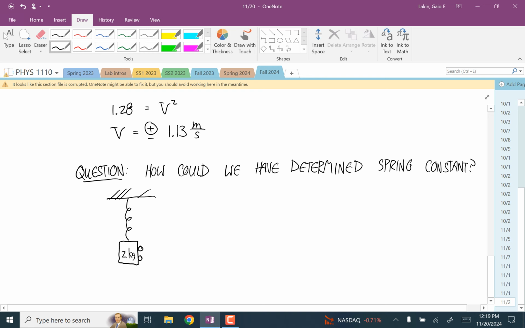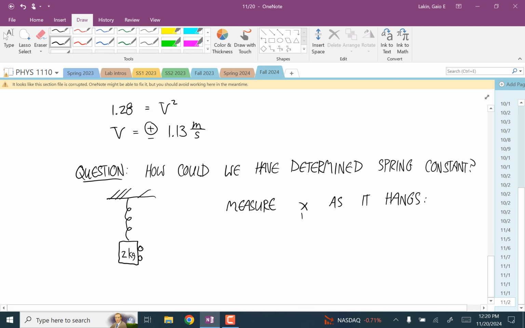So let's say this thing has a mass of 2 kilograms. And then you measure the X as it hangs. And so X would be how far removed it is from the resting length, the difference of the spring length from its resting length.